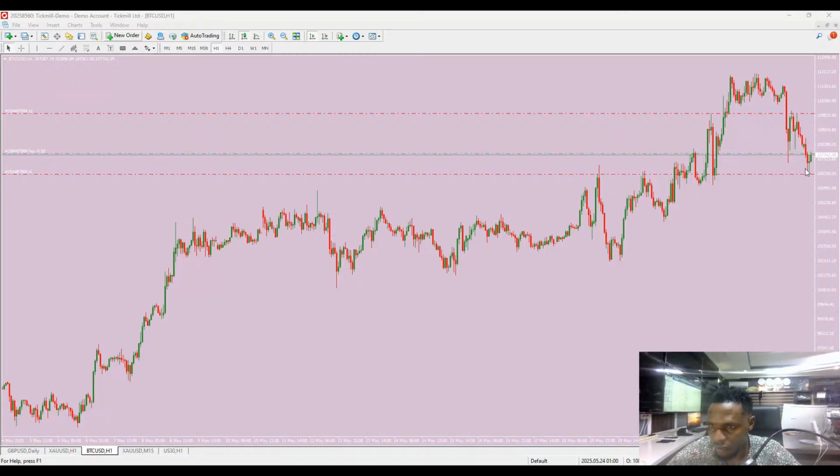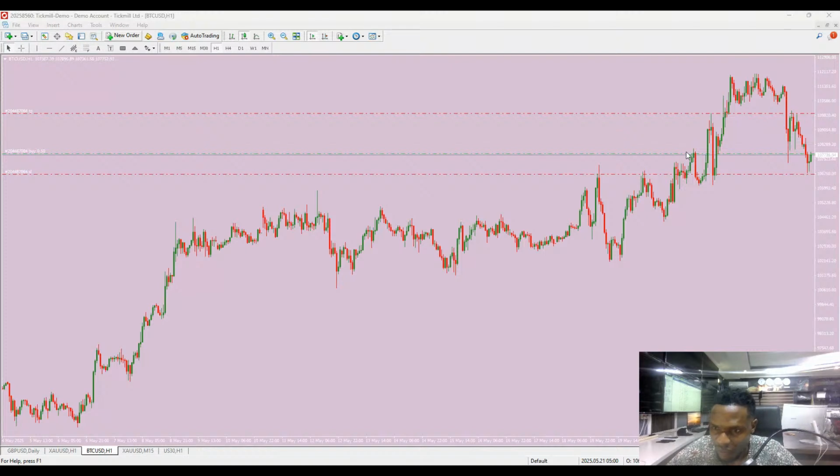Price is selling, and you are saying it should change direction and buy. Then you call it buy limit.